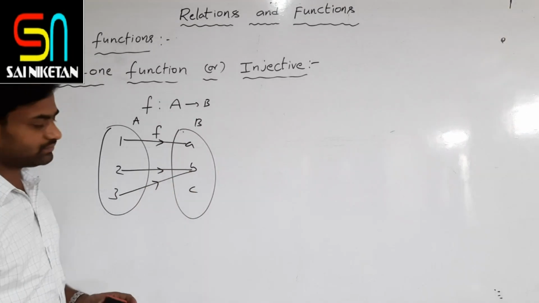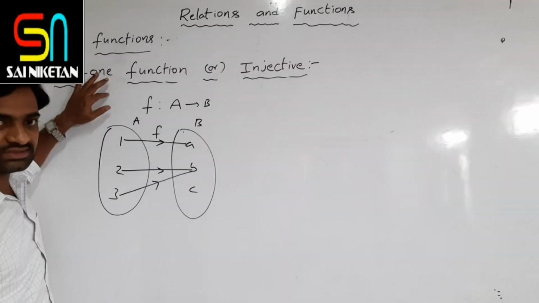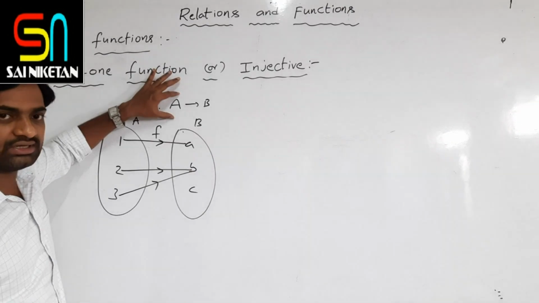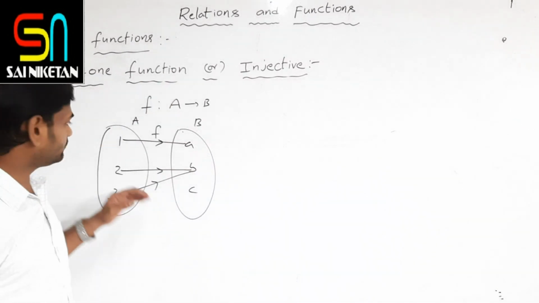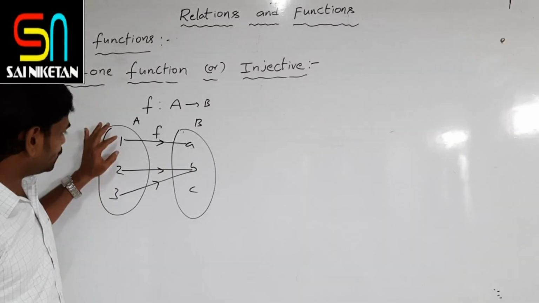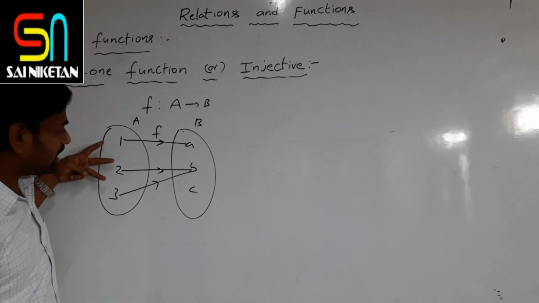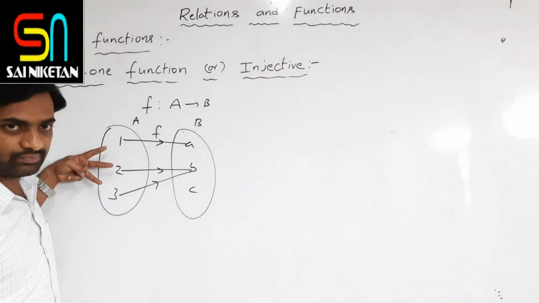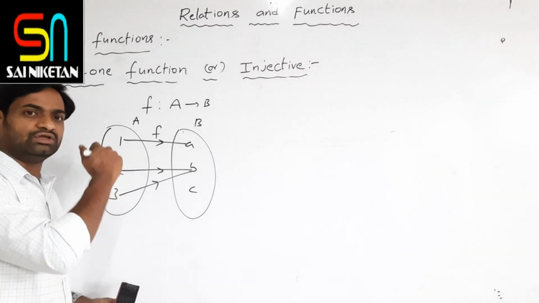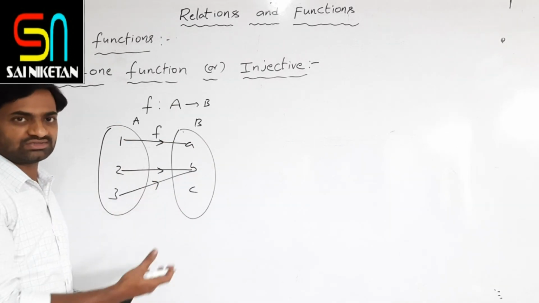See here, what I said, one-one function is different elements of set A. That means every element of set A should be in the mapping, first thing. So 1, 2, 3, these are the three elements. These three elements are in the mapping, that is clear. But we have to check here whether these three elements have different images or not.